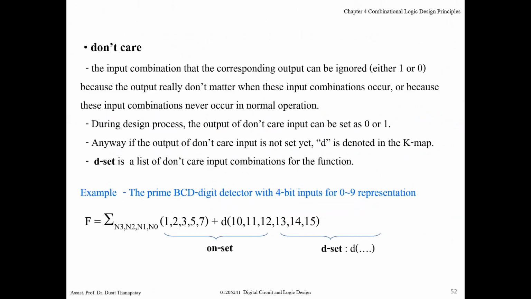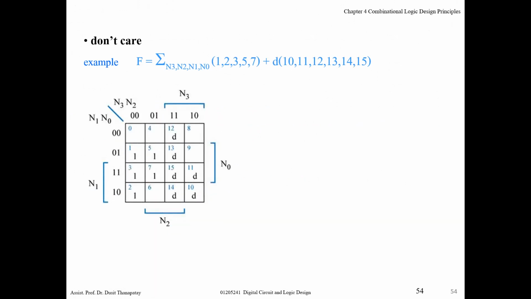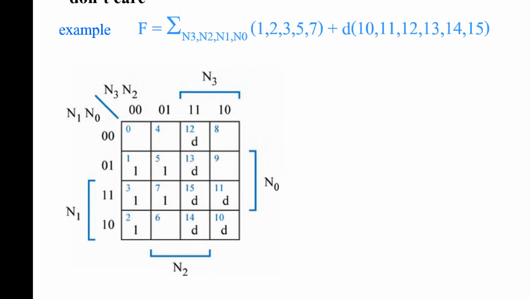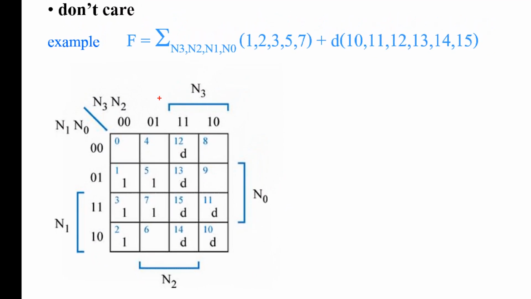How to decide if you have don't care? It's easy, the same method. You just fill logic 1 output following this: 1, 2, 3, 5, 7, and don't care for 10 to 15.